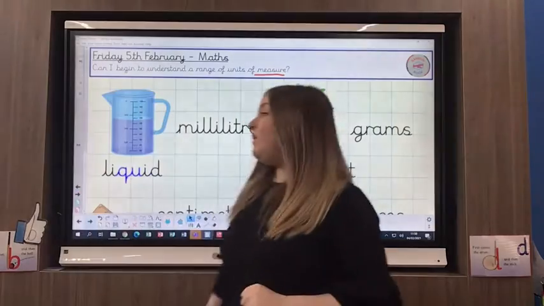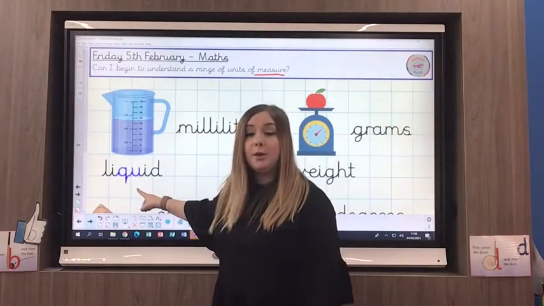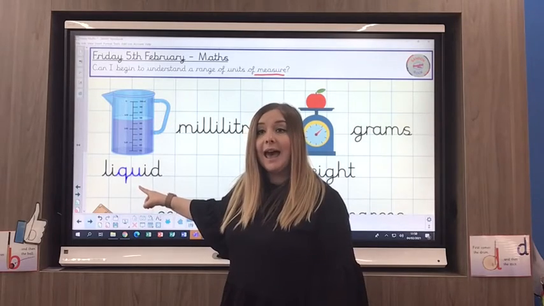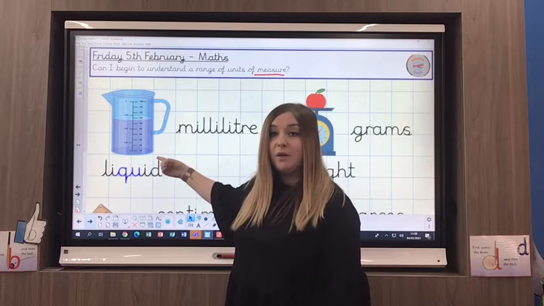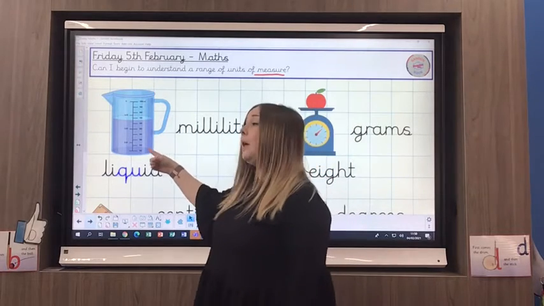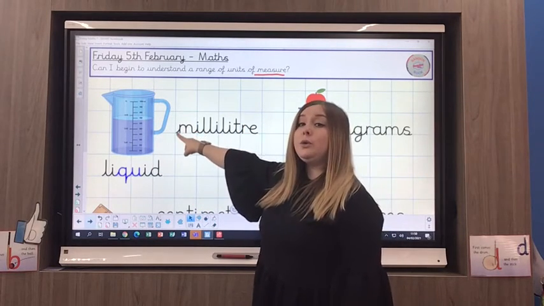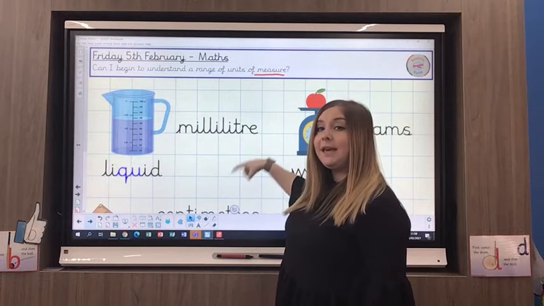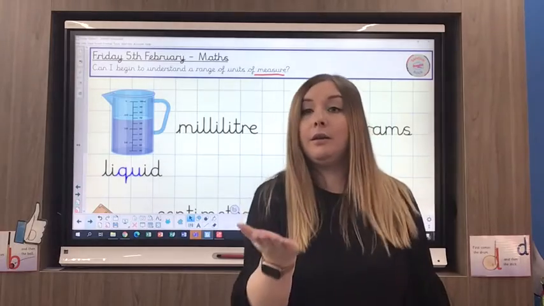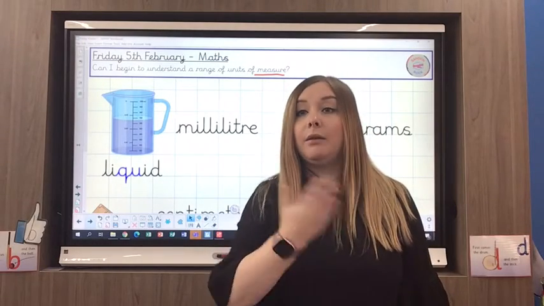Okay. So if I wanted to measure some liquid to find out how much I had, I would measure it using a jug, and we've all seen these, I bet you've even got one at home. And we would measure it using millilitres. Okay, say that word after me, millilitre. Millilitre.